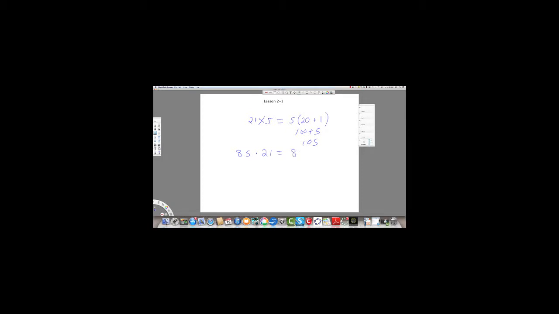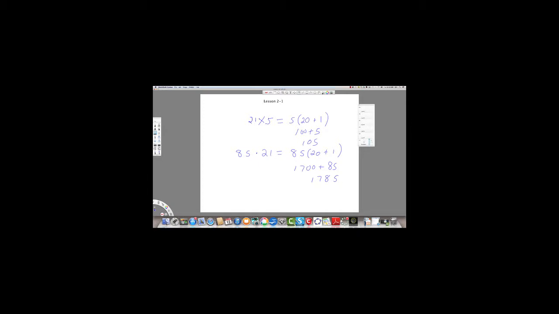So we get 85 times 20 plus 1, and so we get 85 times 20, that'll be 1700, and 85 times 1, well, that's easy, that's just 85, and we've got 1785. So we see how we have this type of problem, and it can allow us to create one that might be a little bit easier to deal with.